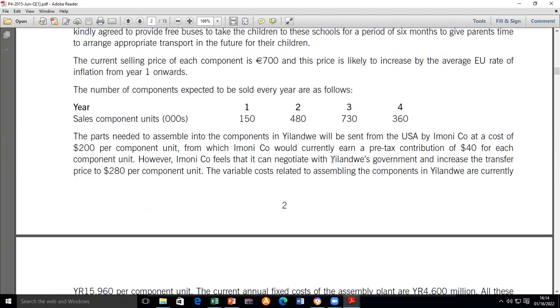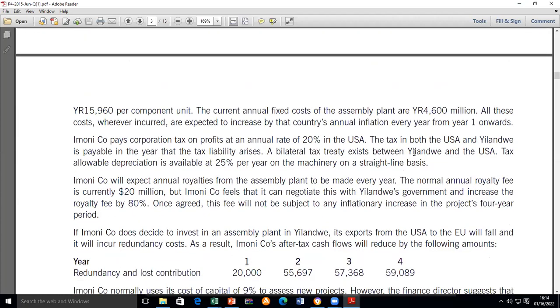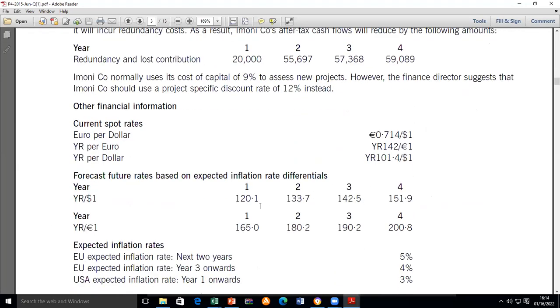So this was the question that I gave you. We asked you to read through this question and wanted you to demonstrate to us how these rates were calculated.